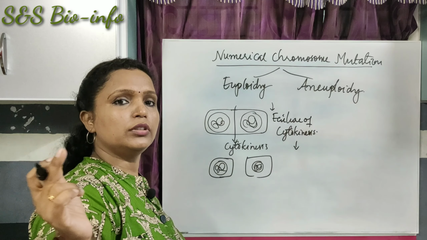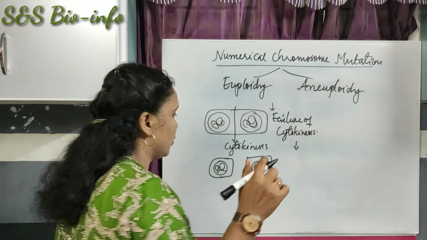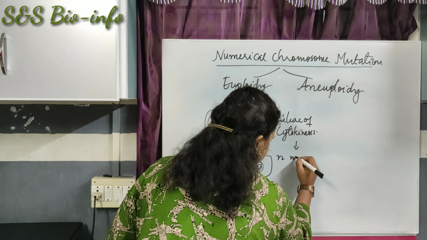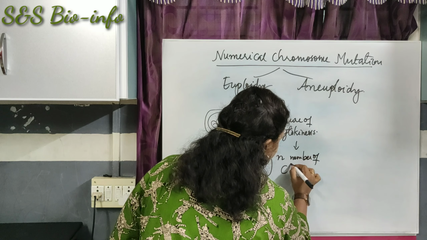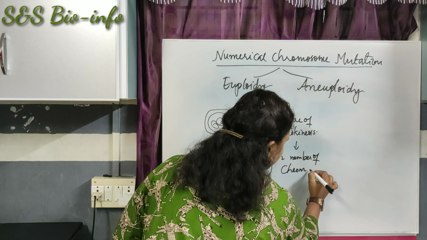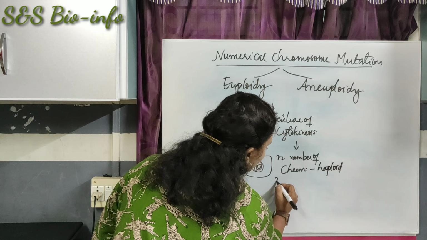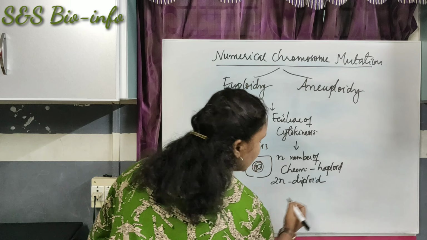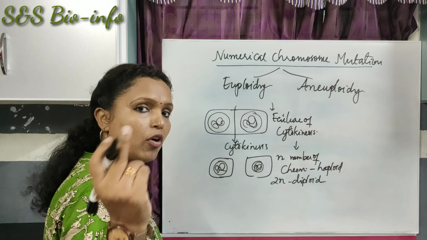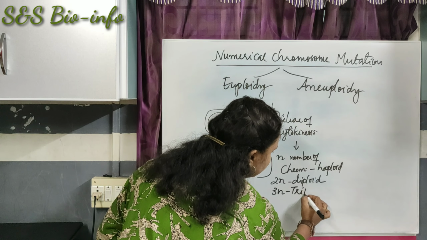Then you know that n number of chromosomes means haploid or monoploid, 2n means diploid, 3n means triploid, 4n means tetraploid.